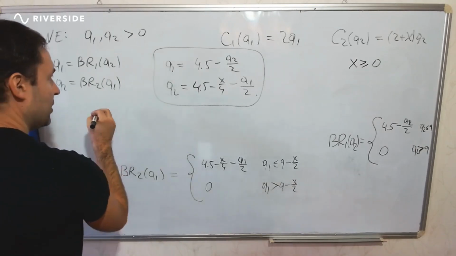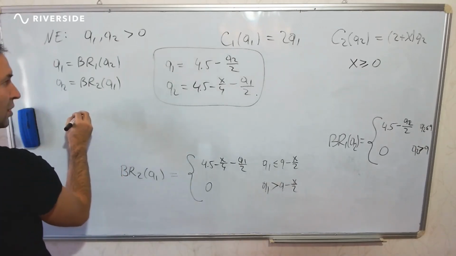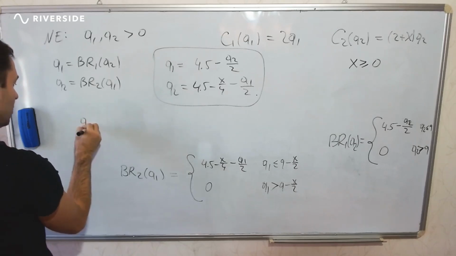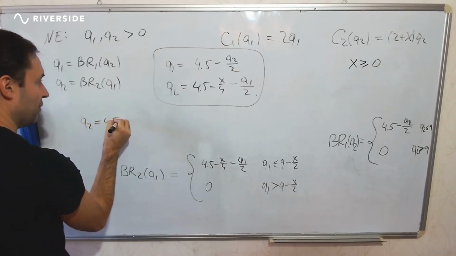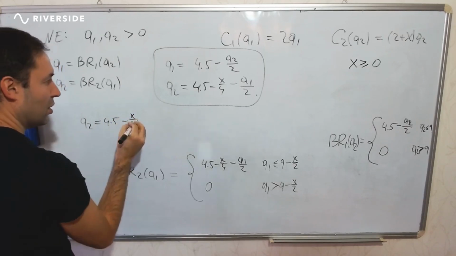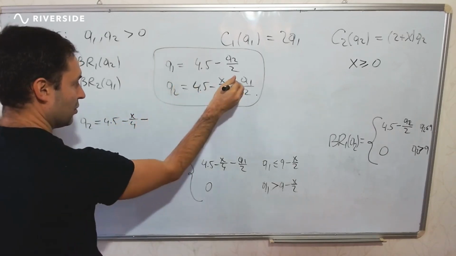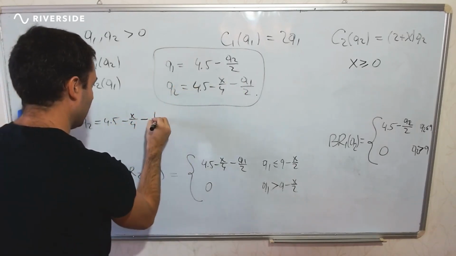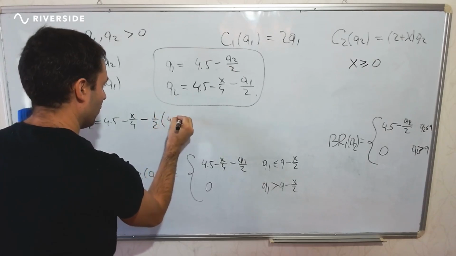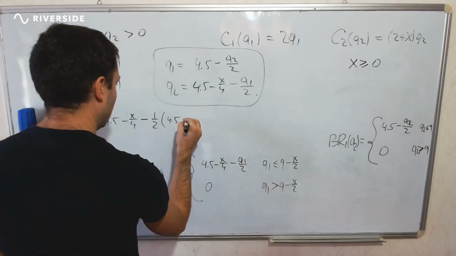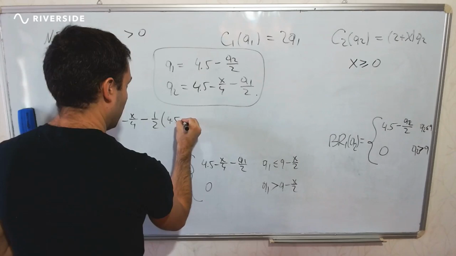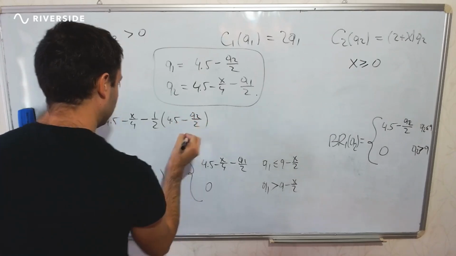So let's do that. Q2 equals (4.5 minus x over 4) minus, and instead of Q1 minus 1/2, I plug in 4.5 minus Q2 over 2.